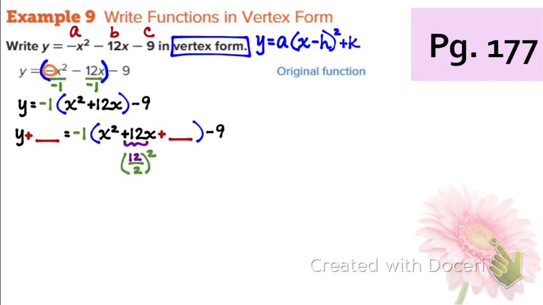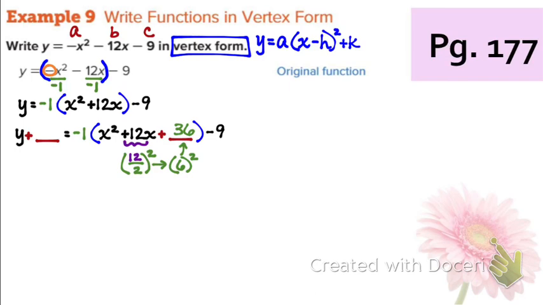What is 12 divided by 2? 6. So I'm going to have 6 squared. And that's what I put right here. What is 6 squared? 36. If you do it to one side, you have to do it to the other side.